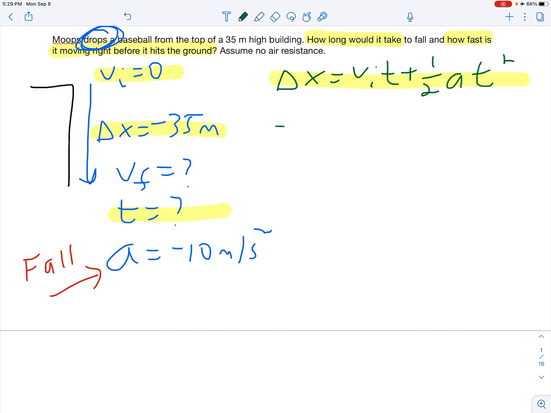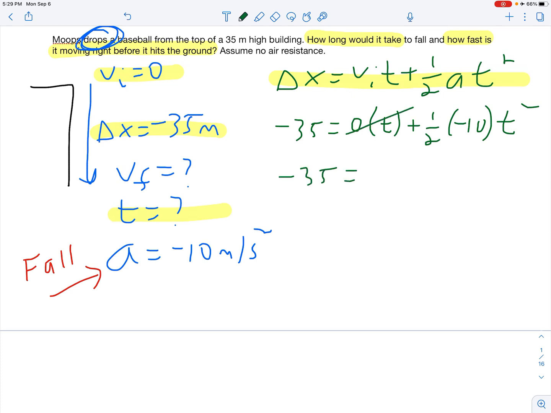So let's plug in our numbers. I get VI times T plus 1/2 times negative 10 T squared. The VI term just goes away. So I get negative 35 equals negative 5 T squared. I can divide both sides by negative 5, and I get 7 equals T squared.